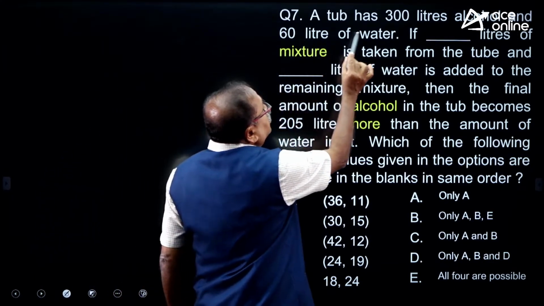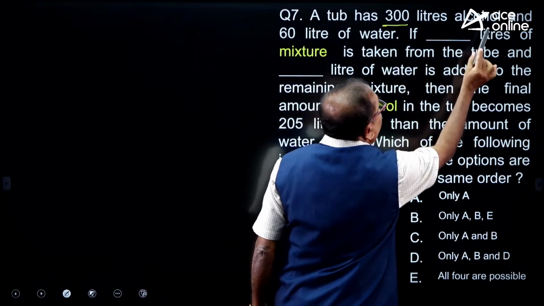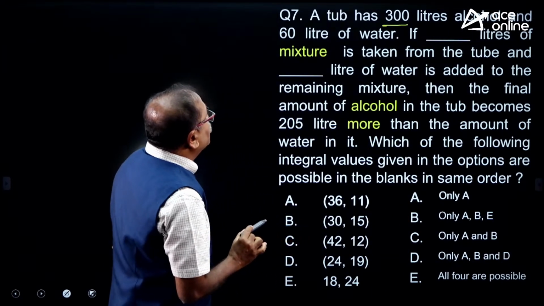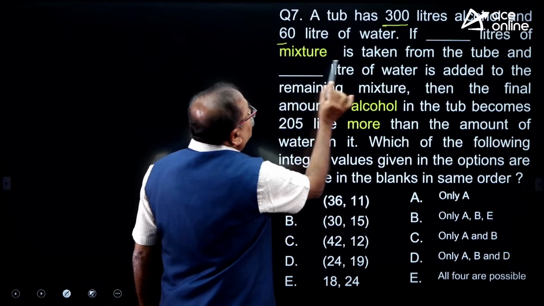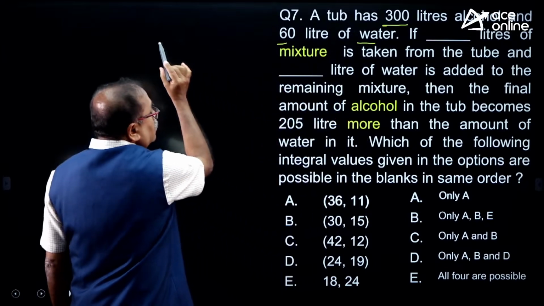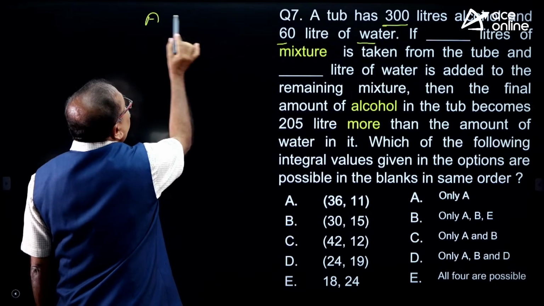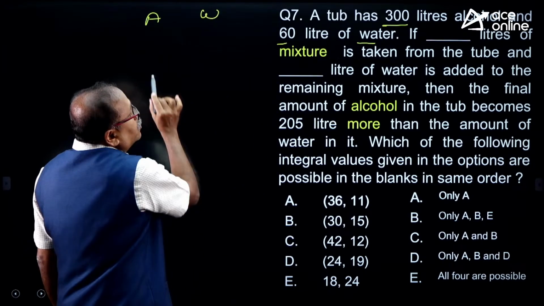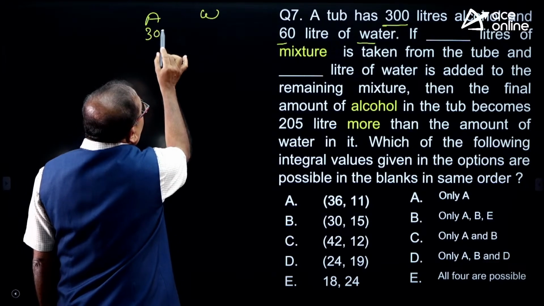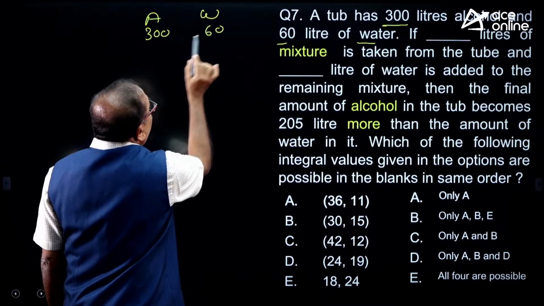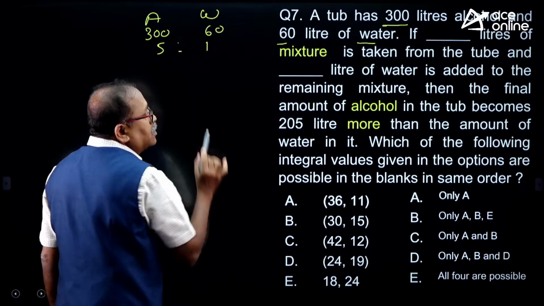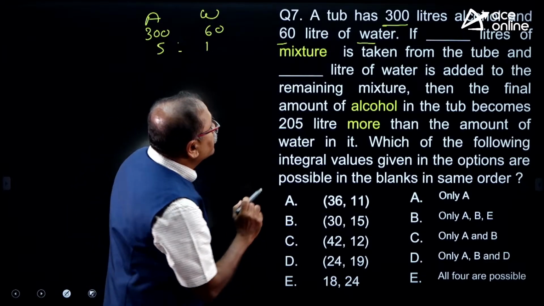It says that a tube has 300 liter alcohol and 60 liter water. Initially alcohol is A and water is W. So here we have 300 alcohol and 60 liter water. That means the ratio is 5:1.